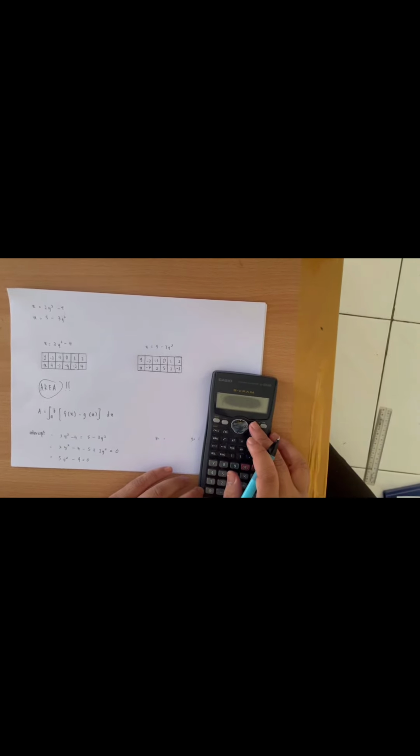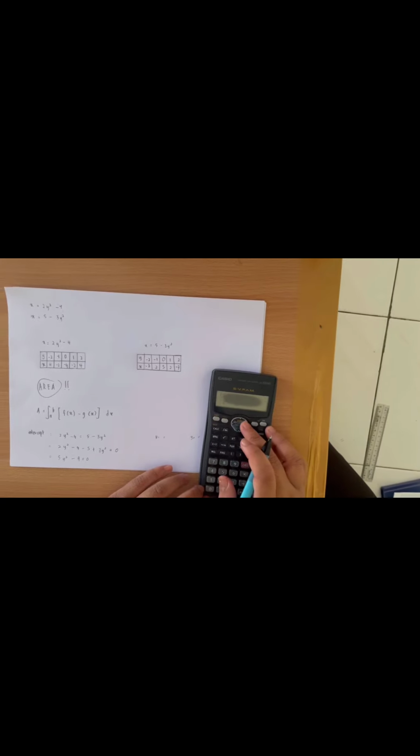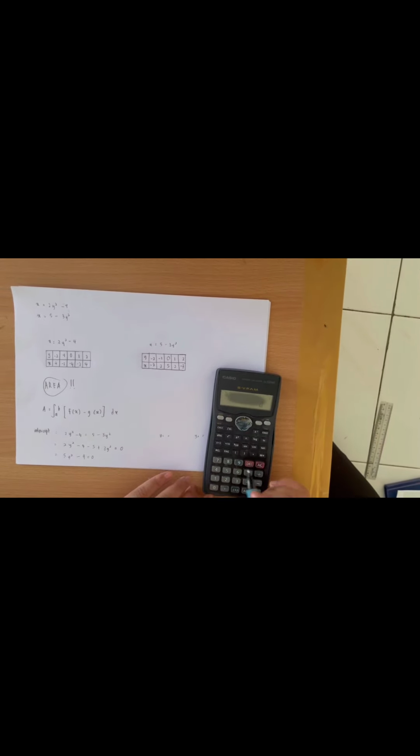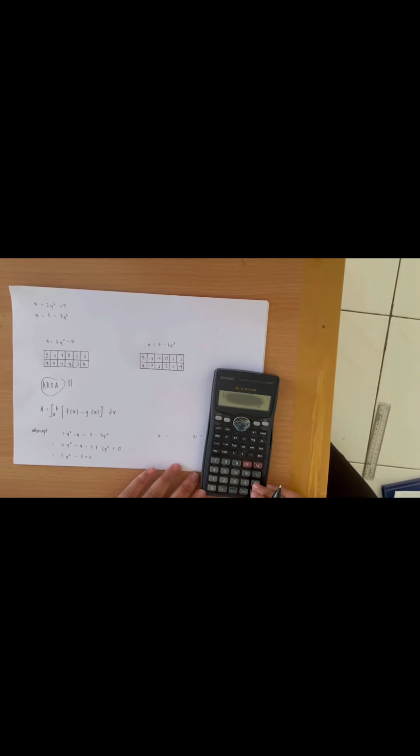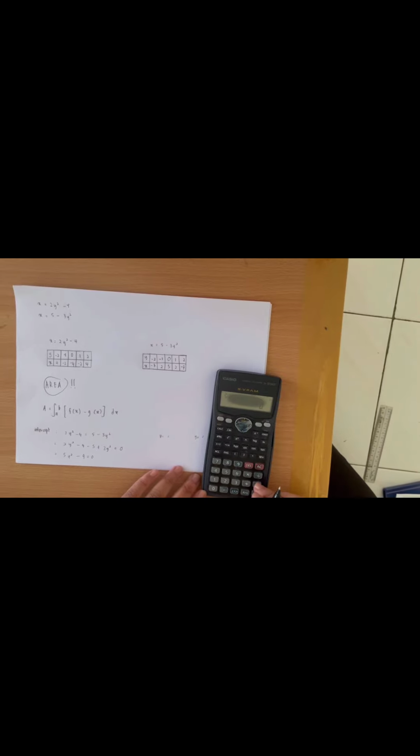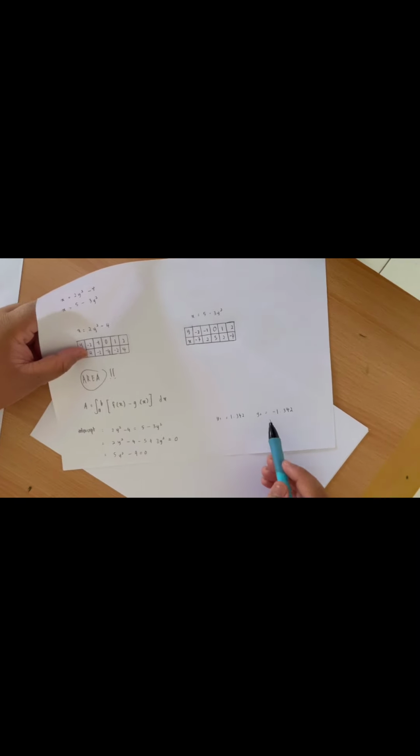To use the calculator, first of all we need to choose EQN degree 2, and for A 5, B 0, C -9. Okay, this intercept will be a limit for our integration.